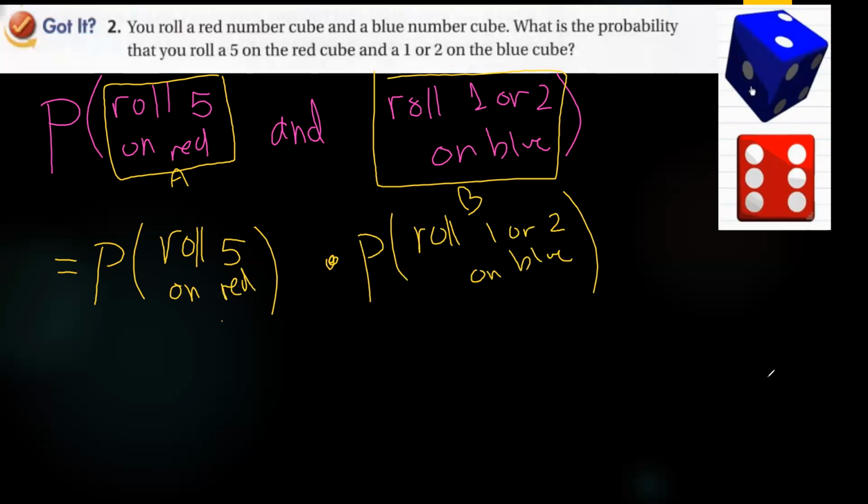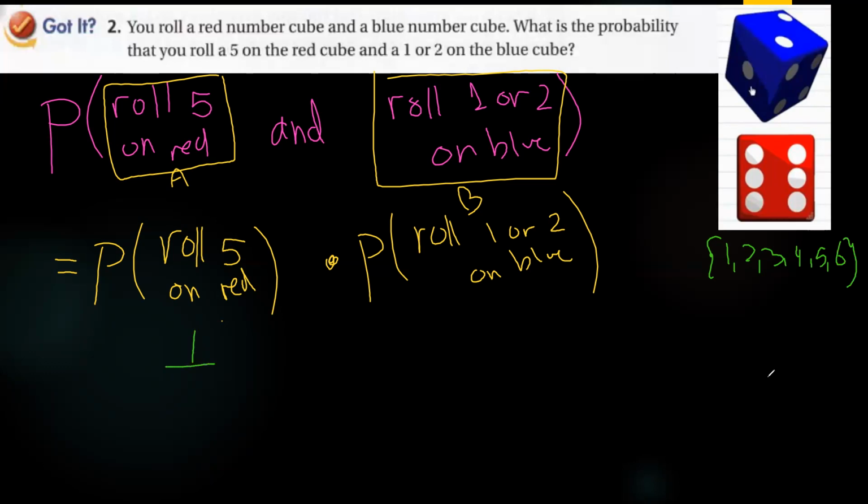Hella, what is the probability that you roll 5 on red? Now look at the number cube. For the red number cube, we know that the outcomes are 1, 2, 3, 4, 5, and 6. Now, you roll 5. So how many 5 here we have? 1. Is it right?